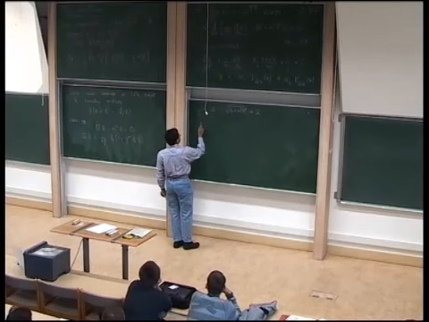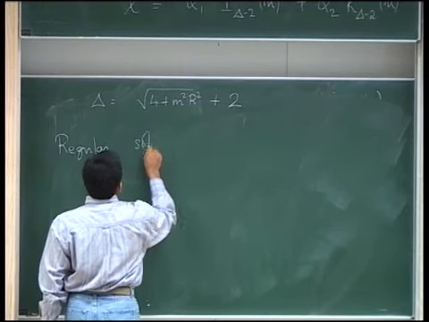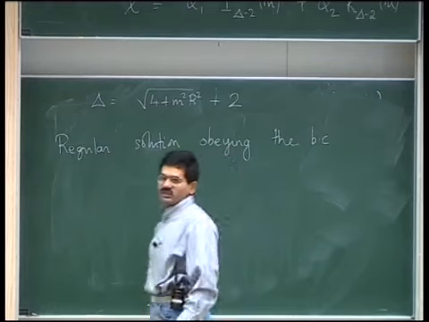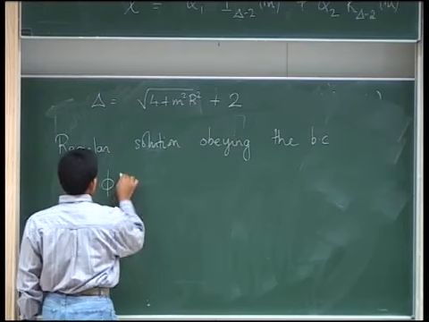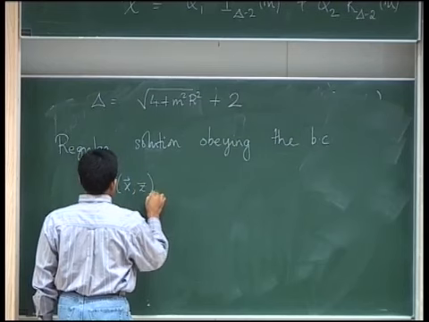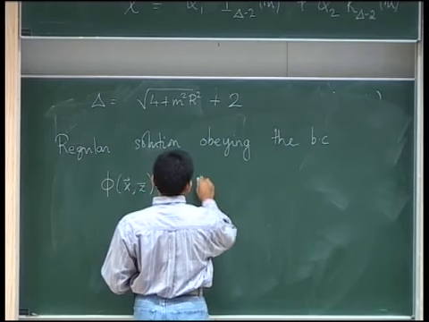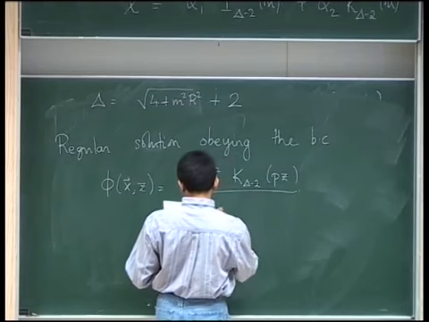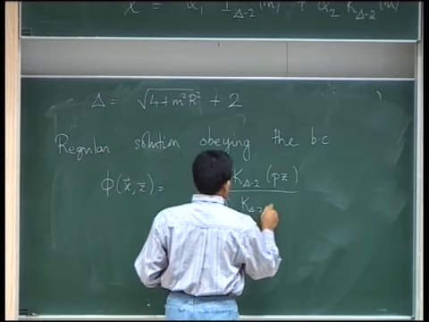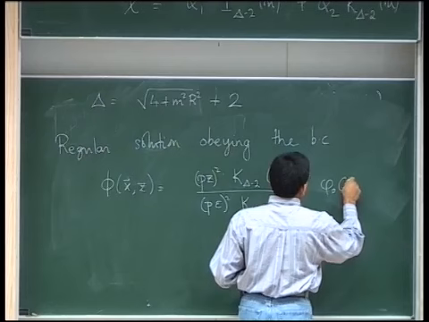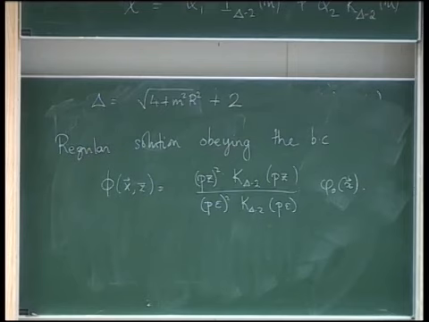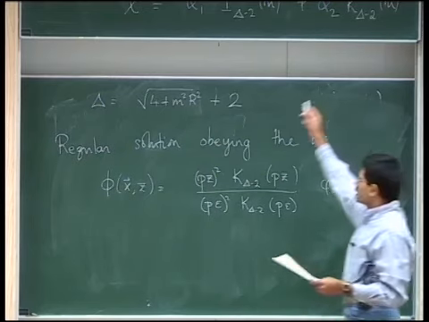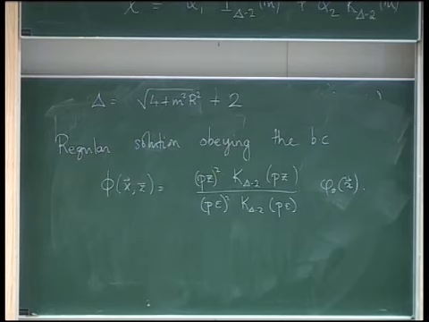And the regular solution obeying the boundary conditions I want to impose is just so the part with Bessel I is not regular, and this is the part that's the regular solution, and it explicitly obeys my boundary condition.